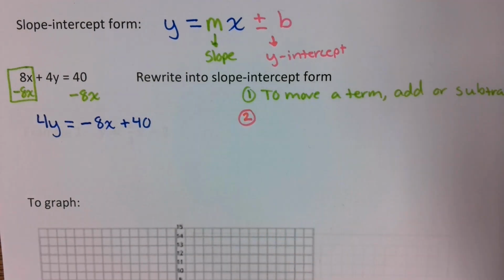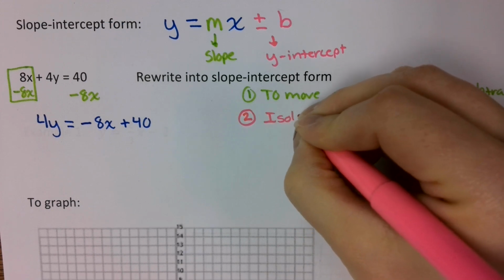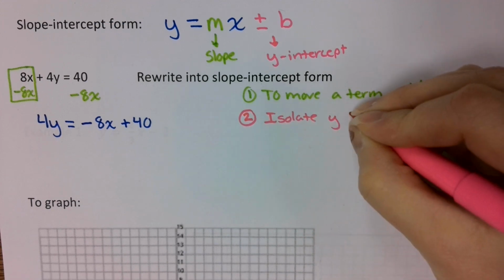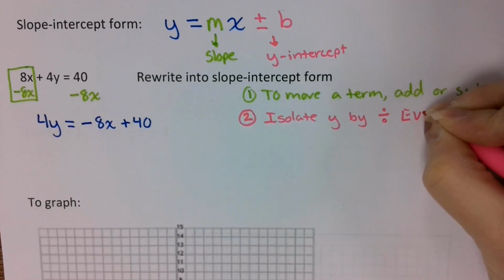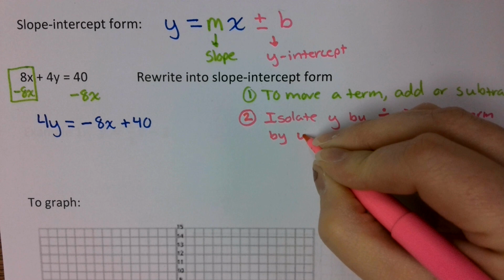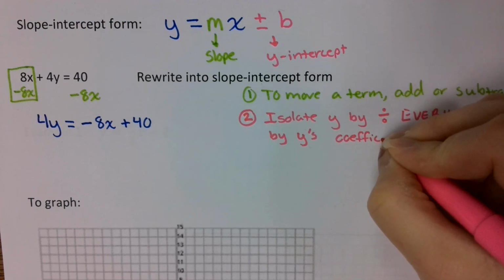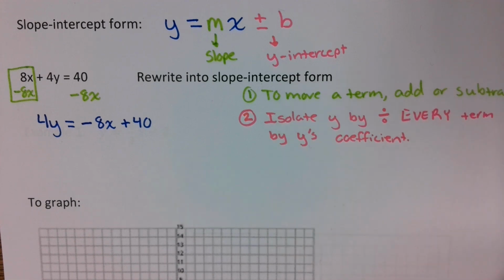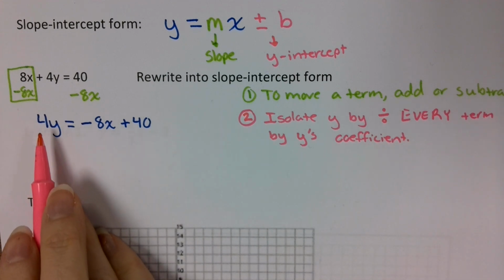Step 2, I'm going to isolate y by dividing every term by y's coefficient. All right, so the coefficient in front of the y happens to be the 4.